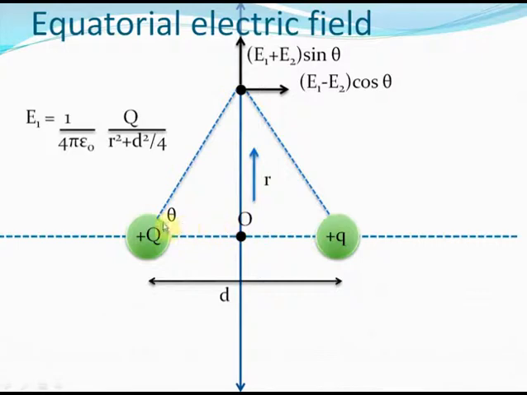That's because the length of this hypotenuse here, which is the distance between the plus q charge and the point at which the electric field is to be calculated, is square root of r square plus d square by 4, isn't it? Similarly, the electric field because of this charge plus small q will be 1 by 4 pi epsilon naught into q by r square plus d square by 4.